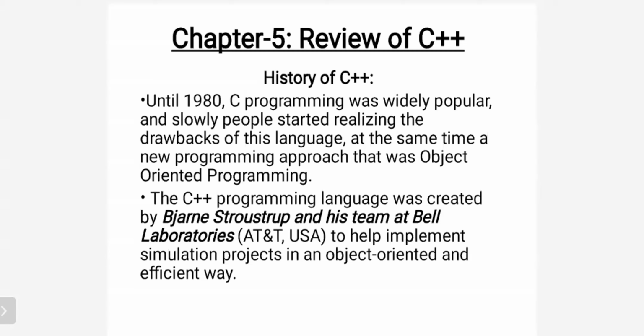So almost the maximum programs were developed by using the C programming language. Later, the C language was found to have some drawbacks. Slowly the scientists understood what drawbacks there were in the C language.